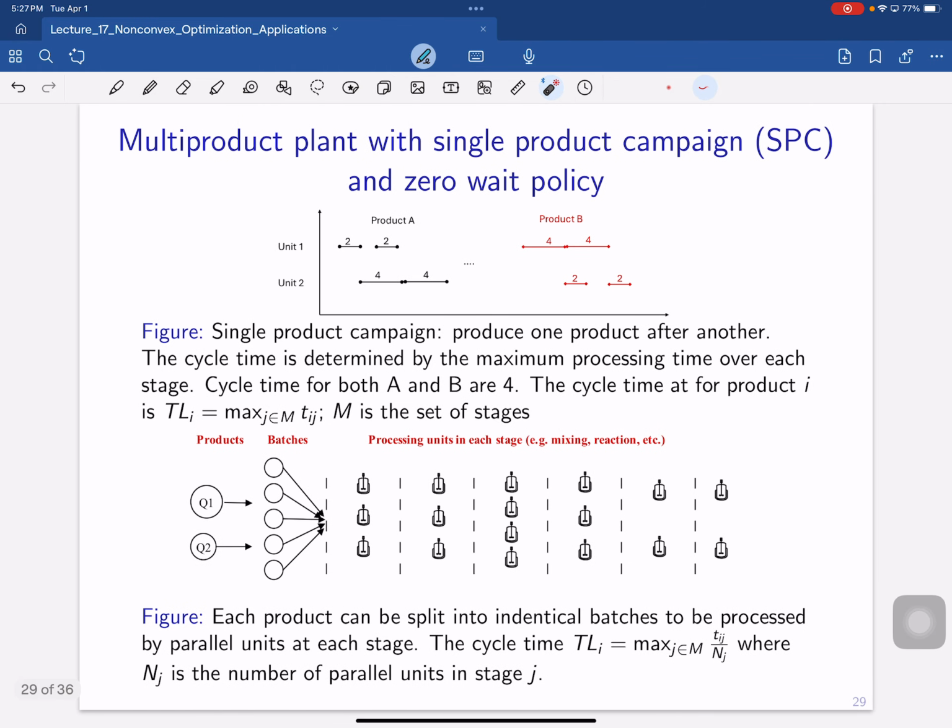So lastly, I will talk about a problem on chemical process scheduling. You may not encounter this problem in your research, depending on what you do. If you do scheduling research, maybe you will encounter this application. The major reason I would like to talk about this application is to showcase a very interesting trick that can convert a seemingly non-convex optimization problem to a convex optimization model.